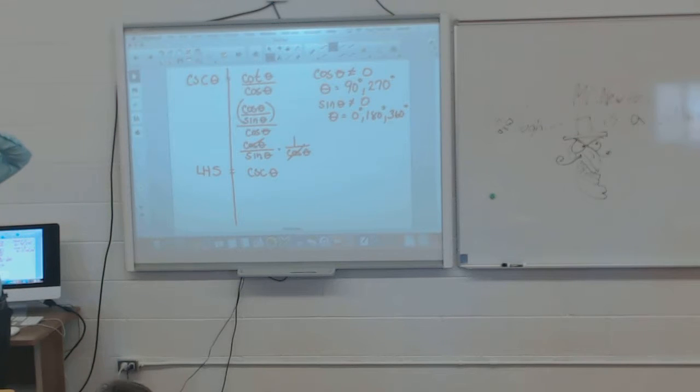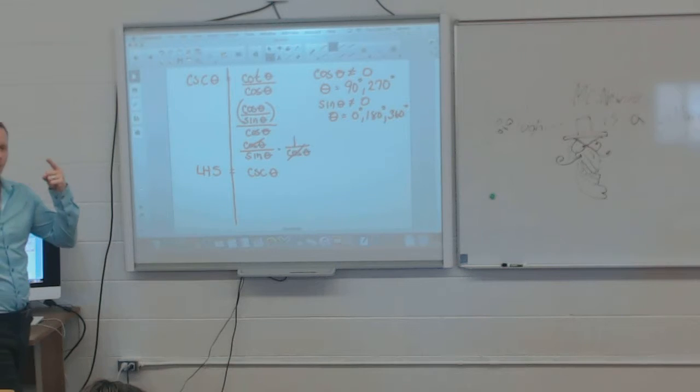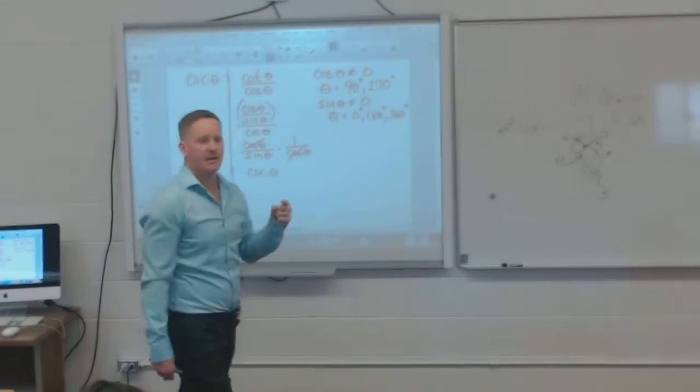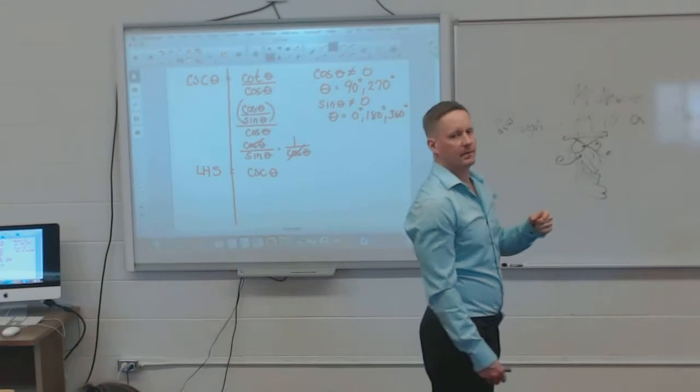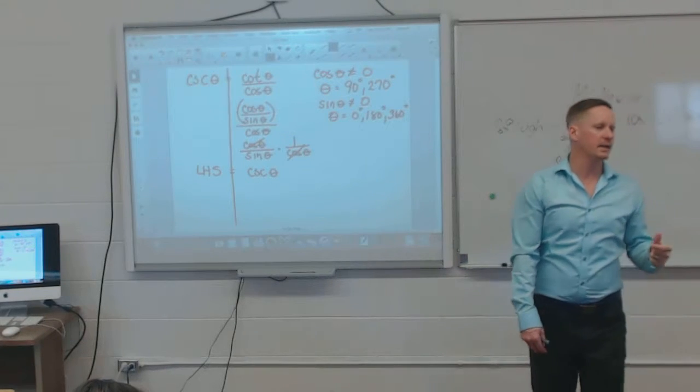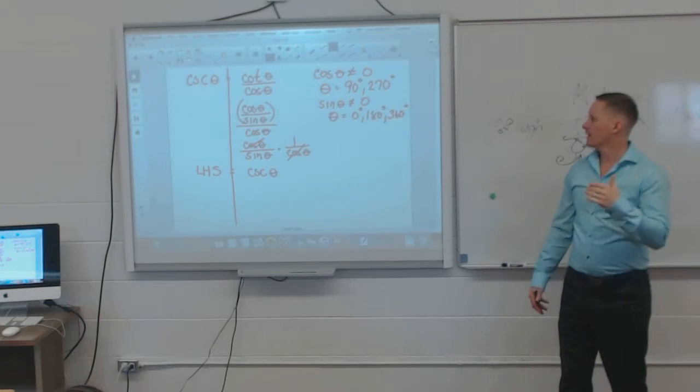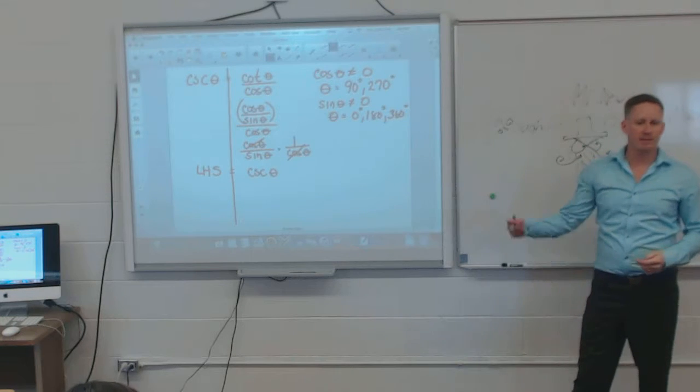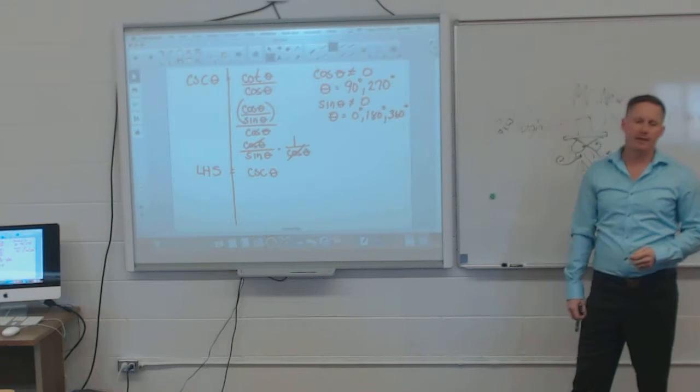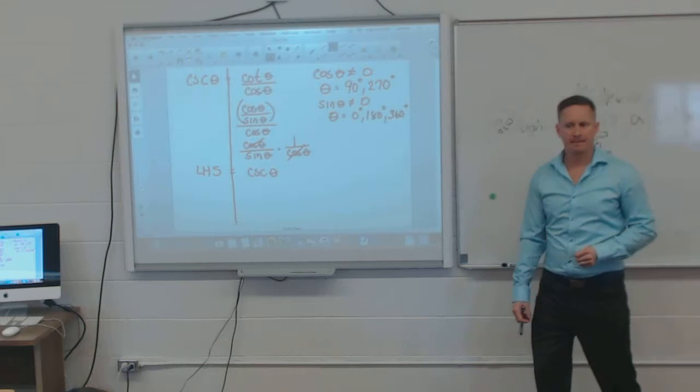So we start on the more difficult side, and we try to get it to equal the smaller of the trig ratios. Equal signs are only at the start and at the end. They do not occur in between, because it's not an equality, it's an identity, which means that we are showing how they are similar to each other.